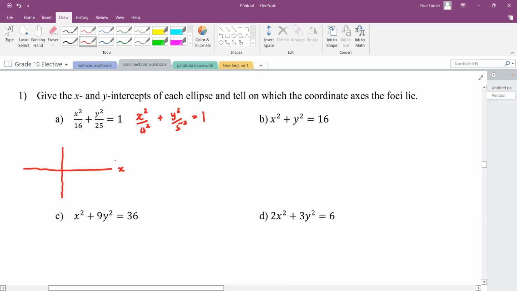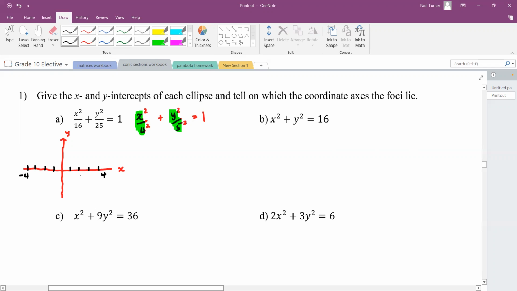So we've got the x-axis, we've got the y-axis here. And notice now that x matches with 4 and y matches with 5. So what we need to do then for x is just count 4 units to the right. 1, 2, 3, 4 here. And then we count 4 units to the left. -1, -2, -3, -4.